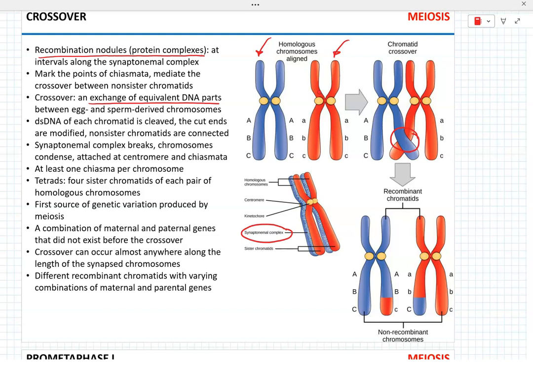During crossover, the double-stranded DNA in each chromatid is cut. The ends of the cut are modified, and non-sister chromatids connect. Now, the synaptonemal complex breaks, and chromosomes condense, being attached at the centromere and at chiasmata.